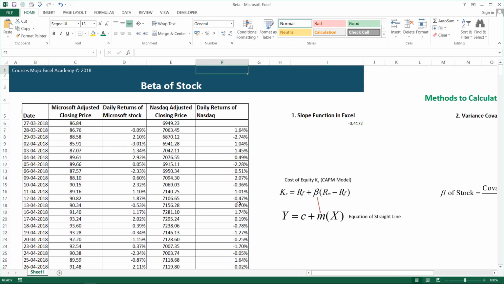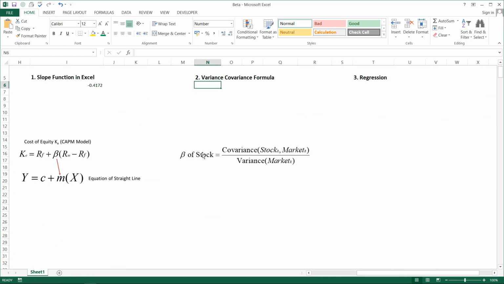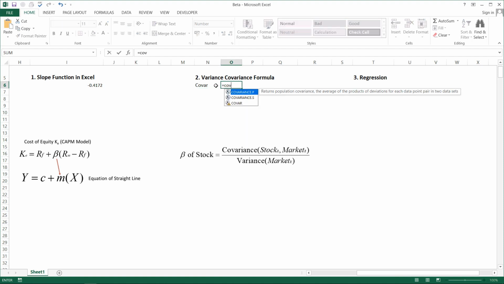The second method is the variance covariance formula. Beta is given by the covariance of stock returns and market returns divided by the variance of market returns. So to calculate covariance, we have the formula in Excel, equals COVARIANCE.P, and it will ask for array 1, array 2.